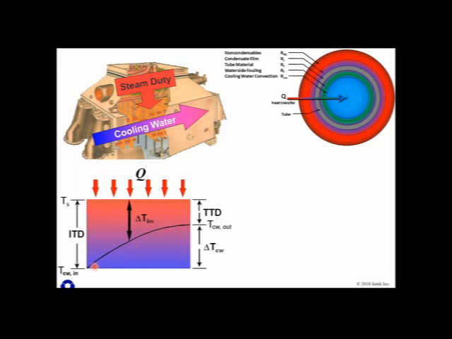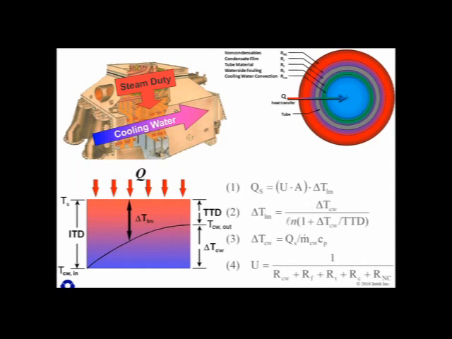There's an equation for that I'll show you in just a second. But that becomes the basis for plugging values into the basic thermal circuit equation, which is shown here.